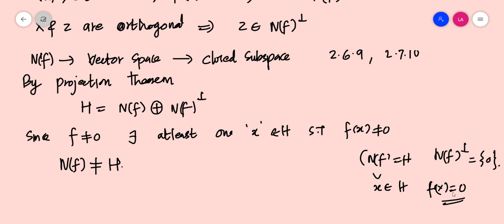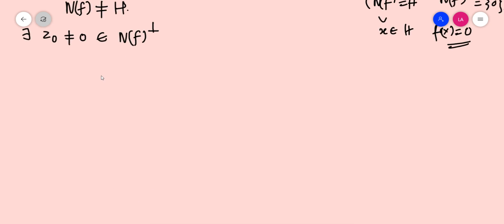Okay, so every element of H should be in the null space of f. Here, since f is non-zero, we can find at least one element of H such that f of x is non-zero. So N of f cannot be equal to H, or there exists a z naught, not equal to 0, which belongs to N of f perpendicular.